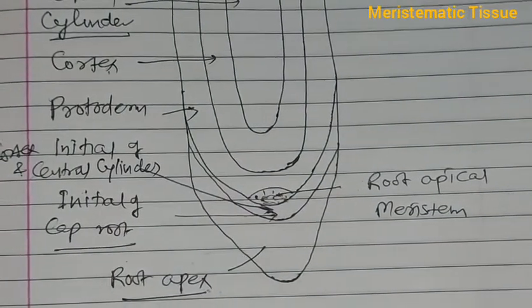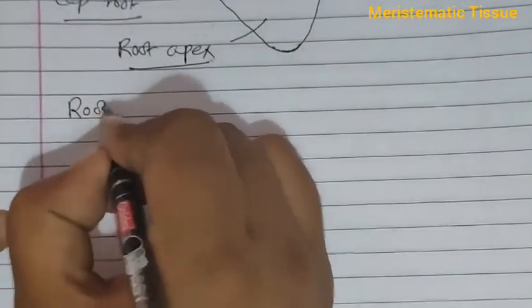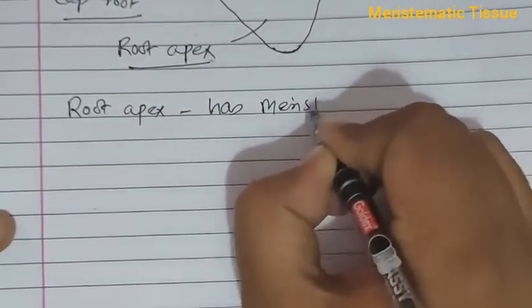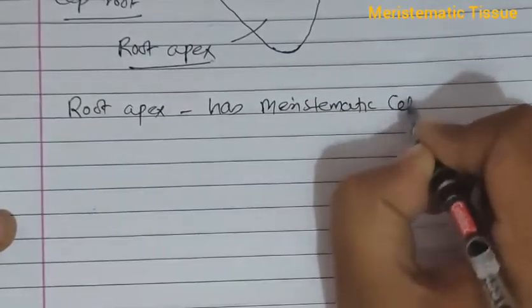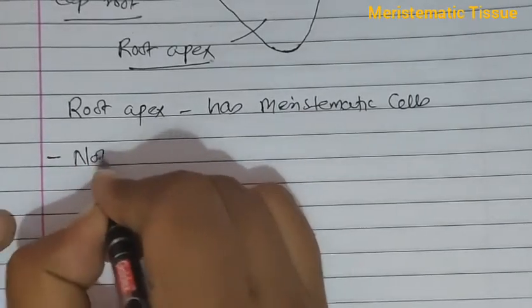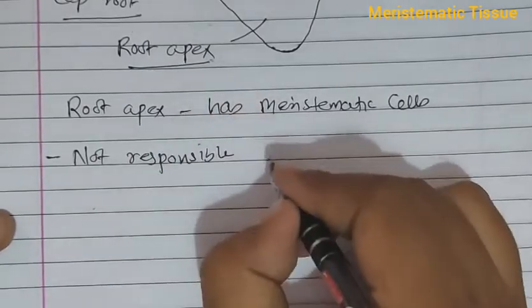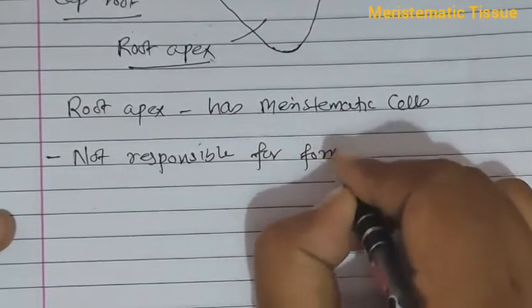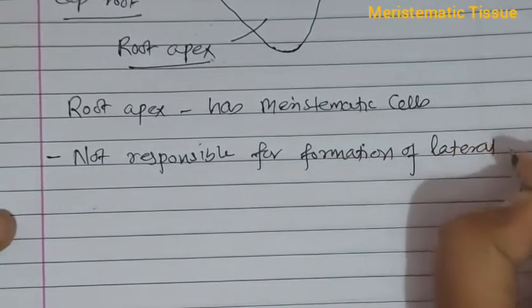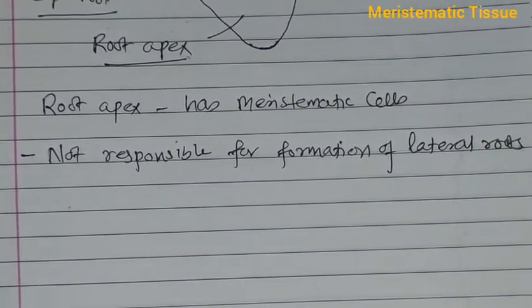Now when we talk about the root apex, it has meristematic cells, and this root apex is not responsible for the formation of lateral root.